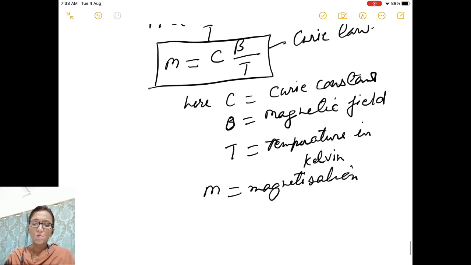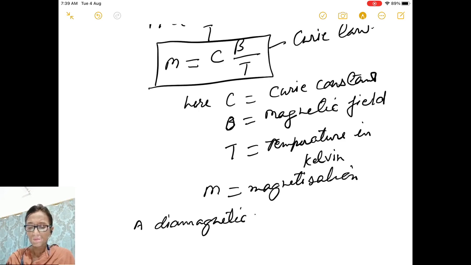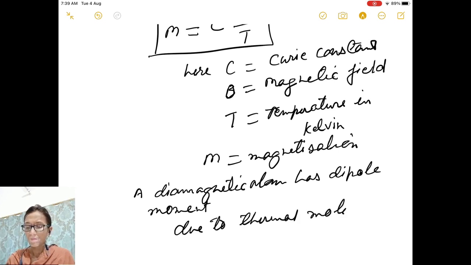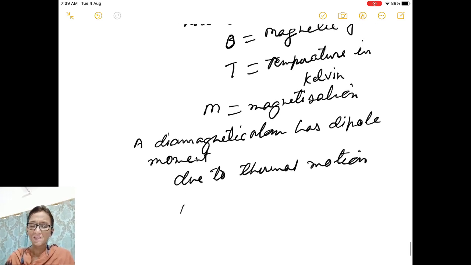Though a paramagnetic atom has a dipole moment, due to random thermal motion, magnetization becomes equal to 0.